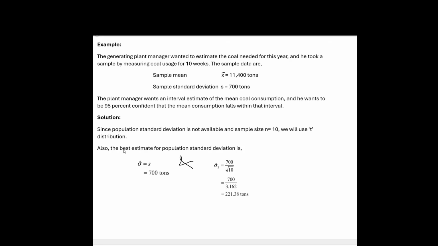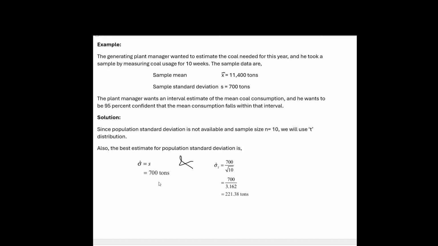Also, because the population standard deviation is not available, when finding the standard error sigma x bar we cannot use sigma, but we use sigma cap, which is s.